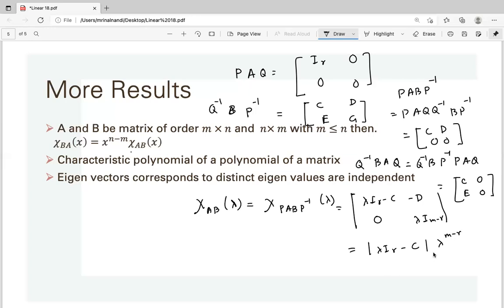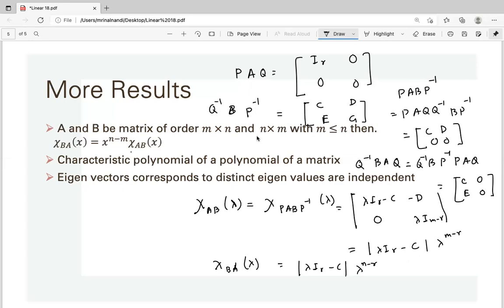And the characteristic polynomial of BA is just lambda I r minus C times lambda to the power n minus r. So this follows the result.